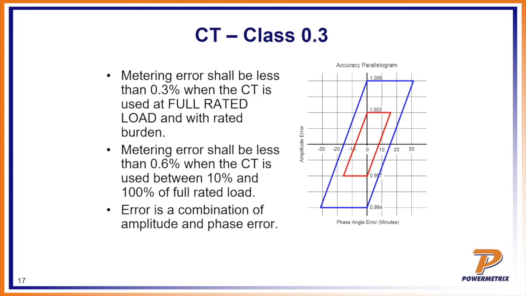That's what it means when it talks about 0.3 and 0.6. And not to mention that's just amplitude error. When you talk about phase angle error as well, which is this x-axis here, that's when you start getting your total amplitude and phase error, which is the total error of the CT.